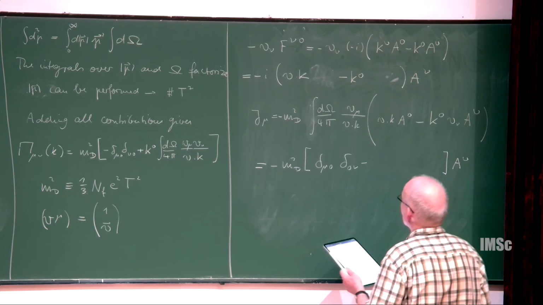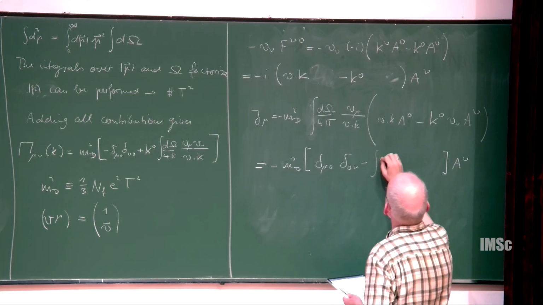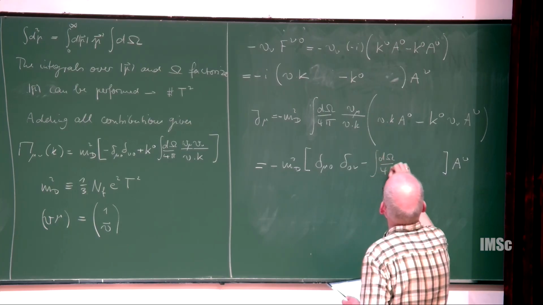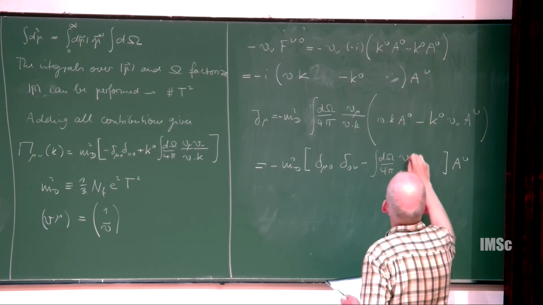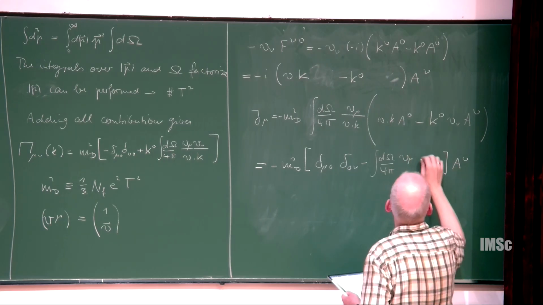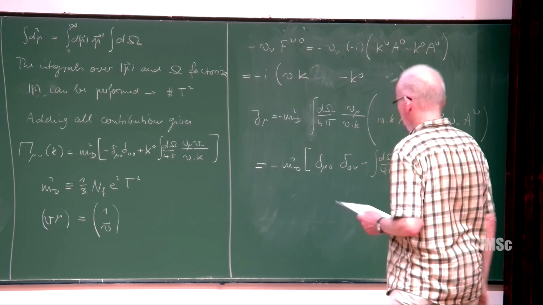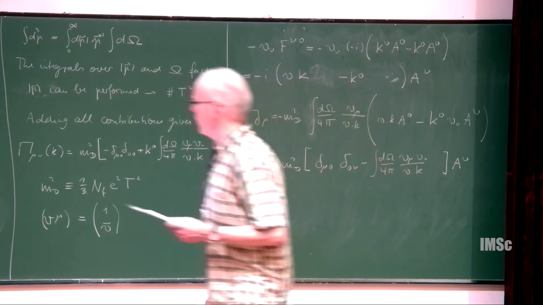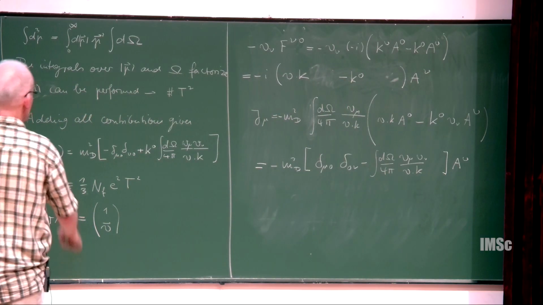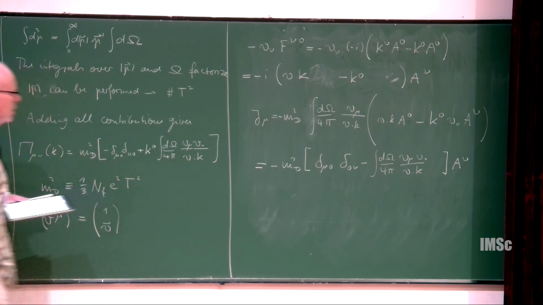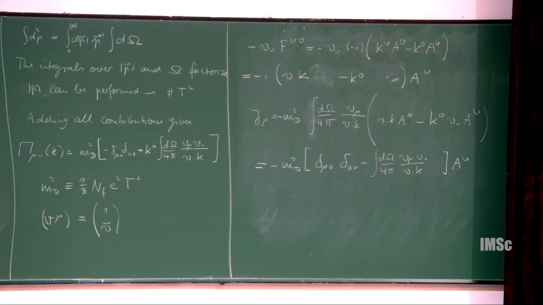And here we have left still the integral dΩ over 4π times v^μ, and then the v^ν over v·k. Okay, and then you see this is precisely of the form hard thermal loop Π^{μν} times A.